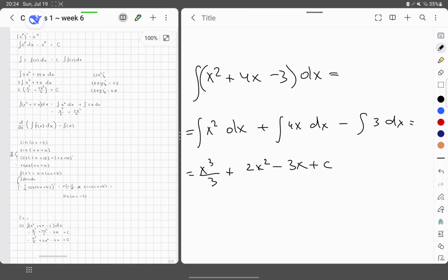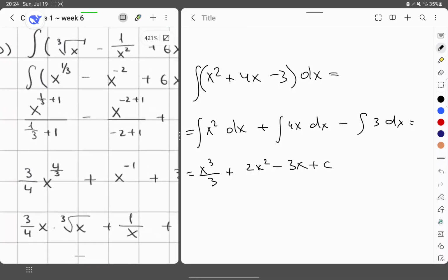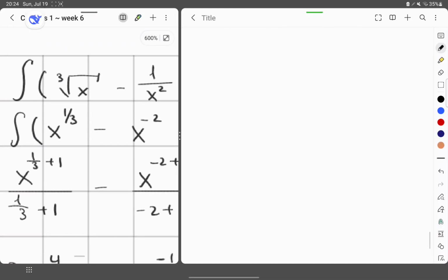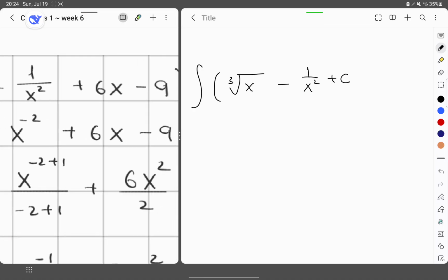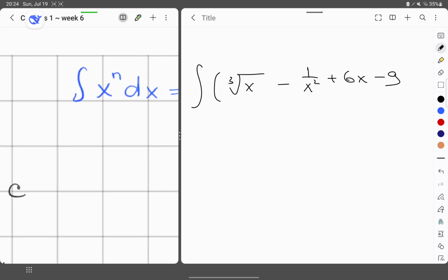Okay, well, let's go to this one. The integral of x to the power of 1 over 3 minus 1 over x squared plus 6x minus 9 dx.